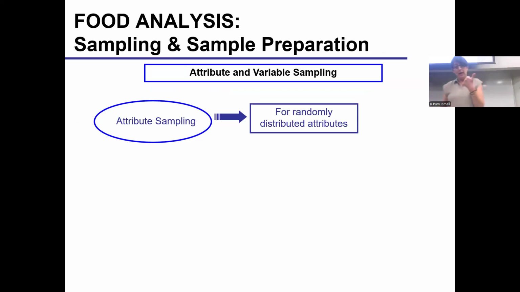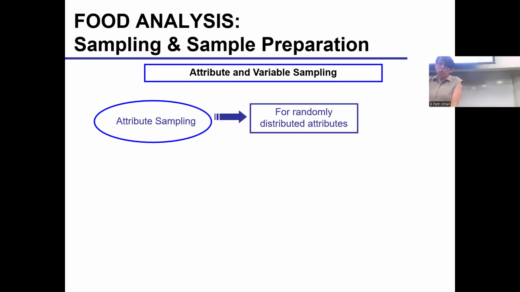One we call attribute sampling, and another is variable sampling. So when you hear attribute, you are really looking for mostly the presence or absence, or something that is randomly distributed. Let's say you have mold. Sometimes you have a piece of bread, and there's only mold on the corner of that piece of bread.